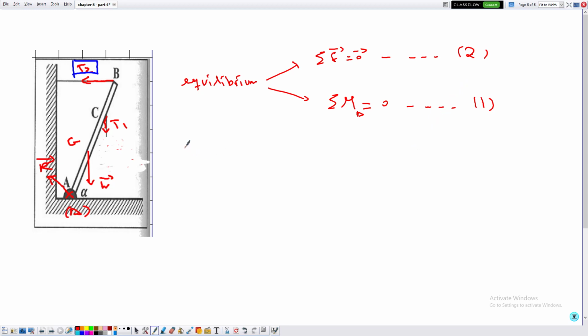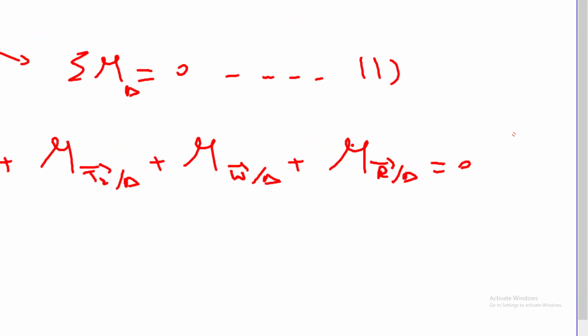So for the first equation, which is given by 1, the sum of moments will be given by the moment of the tension T1 along delta plus the moment of the tension T2 around delta, the moment of the weight around delta, and the moment of the reaction R around delta. Eventually, no need to place this term because this term will always vanish.